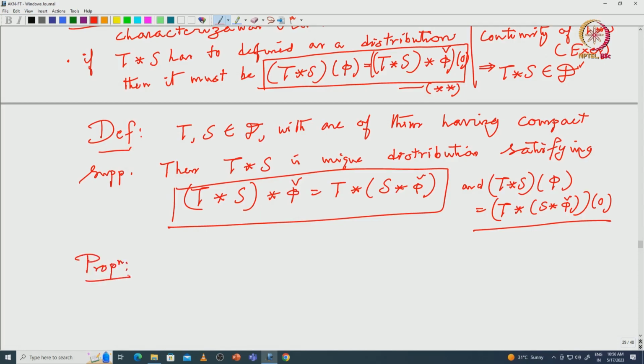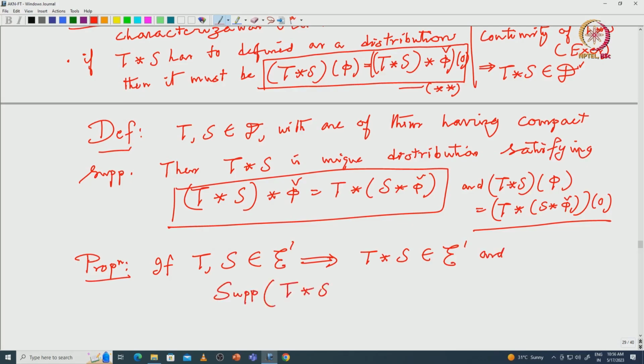An immediate result, which I do not prove for most of the things here. Proposition: if T, S are in E prime, that means both of them have compact support, then T star of S is also in E prime, and support of T star of S is contained in support of T plus support of S. Okay.